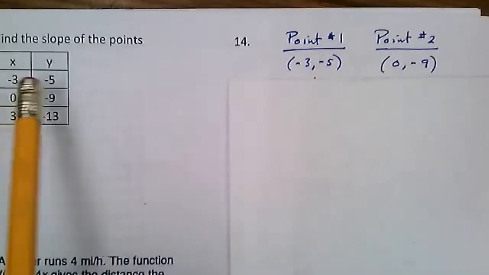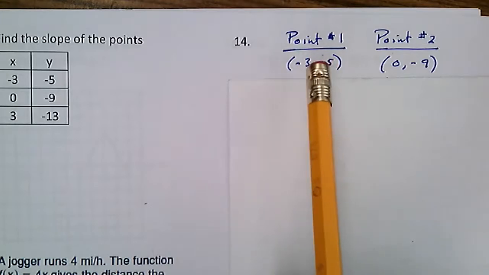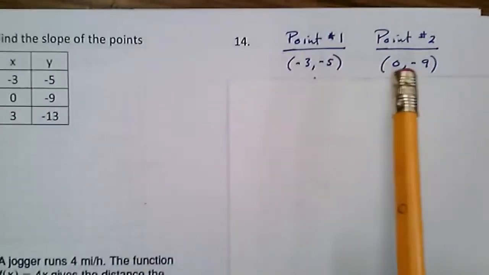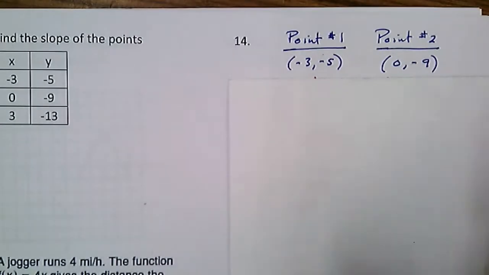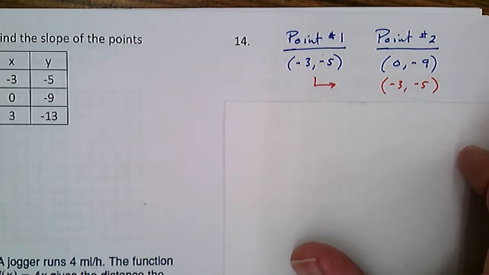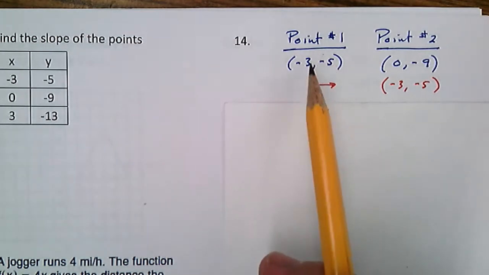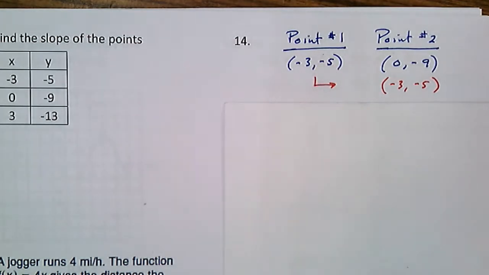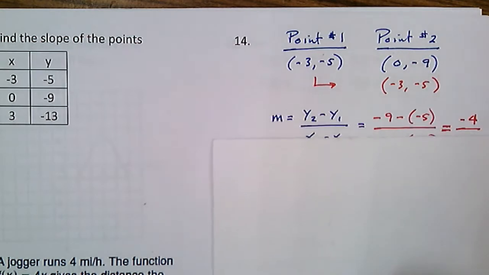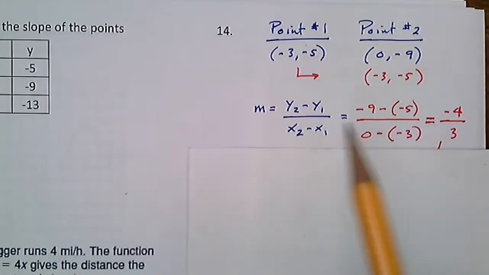Okay, so negative 3, negative 5, that's 1 point. And 0, negative 9 is another point. I'm going to do the stack strategy. So I'm going to take this, move it over and stack it. So now I've got these stacked up. And I'm going to use my formula, y2 minus y1.